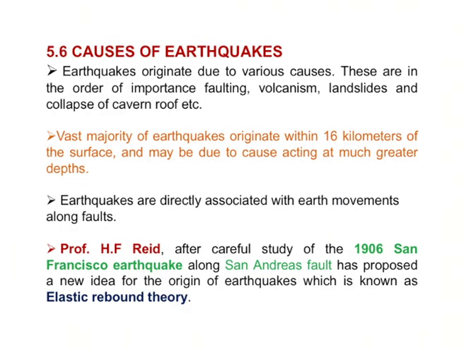The majority of earthquakes originate within 16 kilometers of depth. If more energy is released from that, then within a fraction of a second those P waves, primary waves, will travel vertically. If gaps are maintained or solid particles are attached to those P waves, then rapidly they will collapse. So it is a main reason.